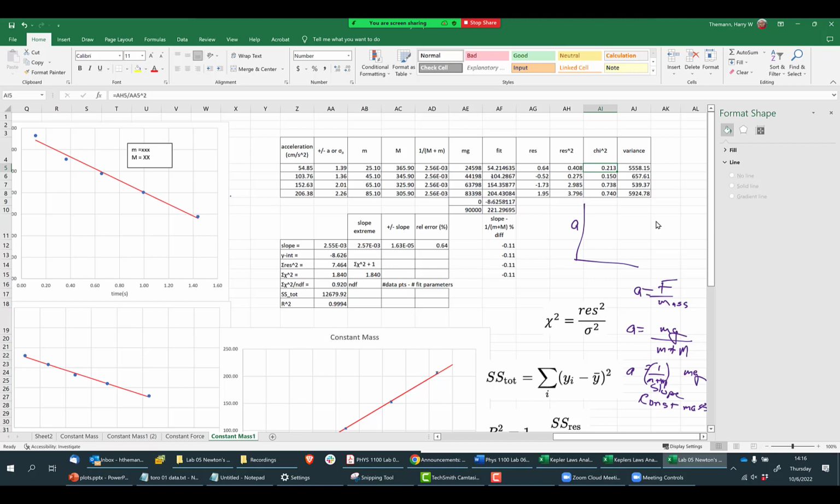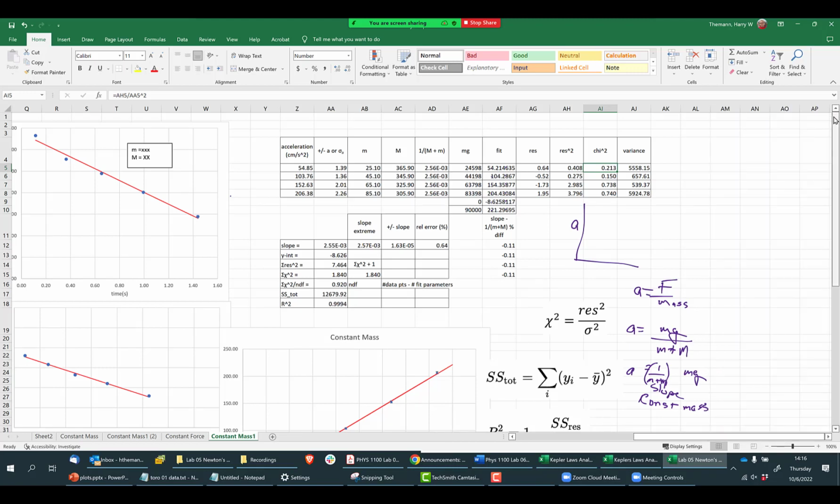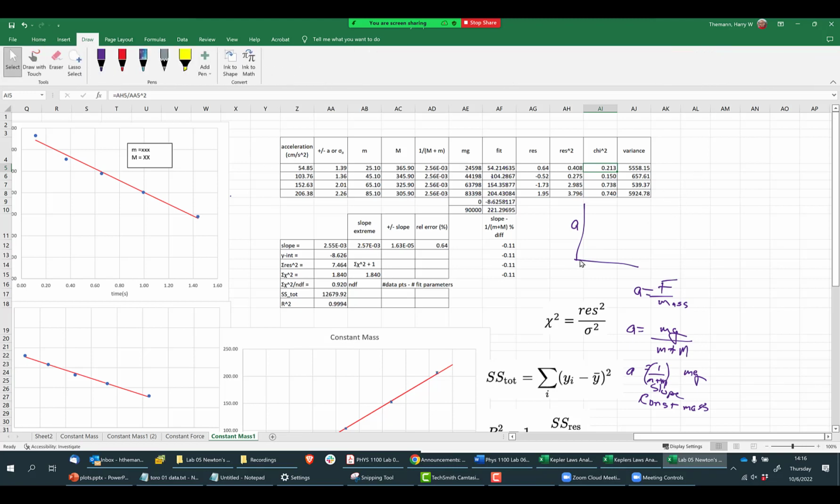For us, though, we are going to learn how to find the plus or minus slope. And the way that's done is using the chi-square. So I may have drawn something like this before.